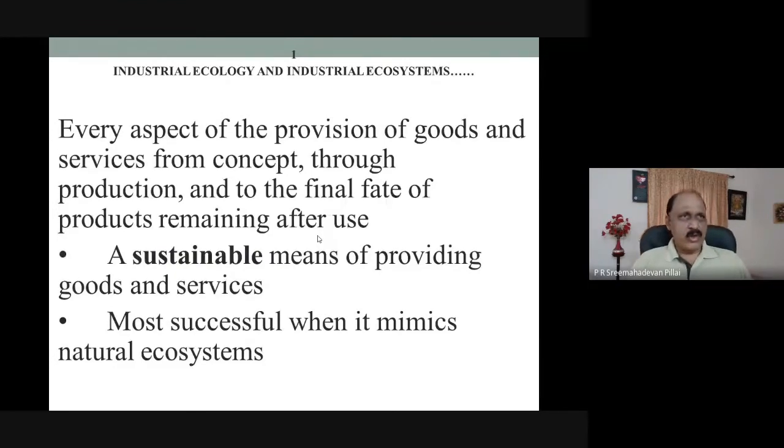Nature has got its own control or mitigation measures for all the pollutants and all the harmful things on the earth. So if the industry can also follow those things, the effect is less and the mitigation is more. In that case, the industrial ecology is supposed to be sustainable. See the next slide.